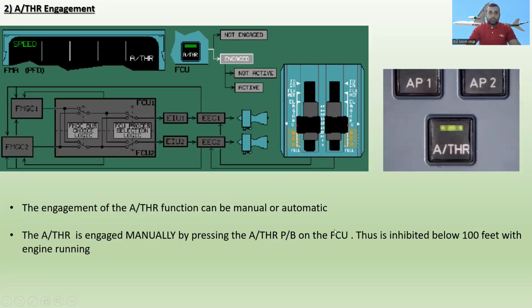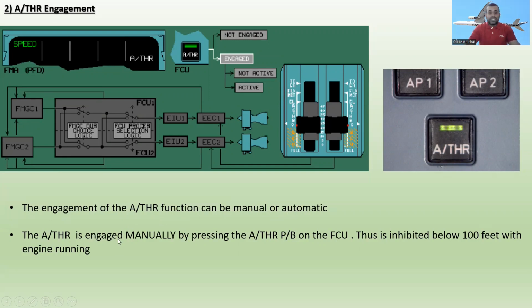So the second one, auto thrust engagement. The engagement of the auto thrust function can be manual or automatic. Remember, the engagement of the auto thrust function can be manual or automatic.